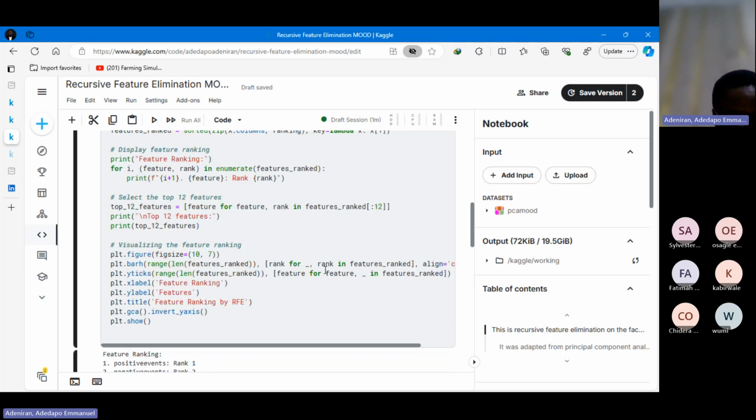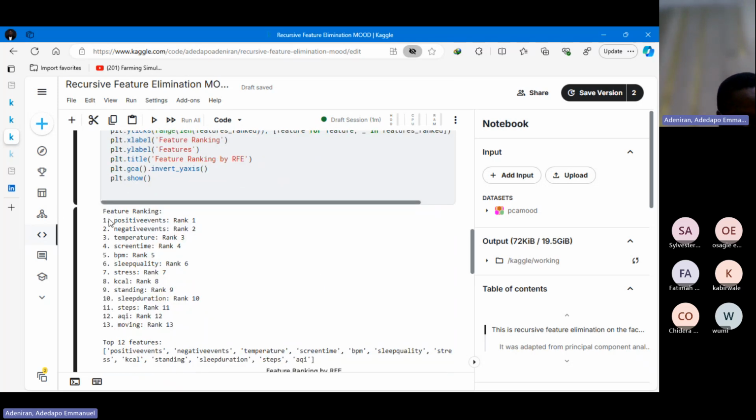So now let's say, for instance, we remove this feature, positive event, and then we calculate the MSE of the model and see how it performs. Let's say the R squared performance is 0.6, for instance. And then we added positive event back, and then we removed negative events.